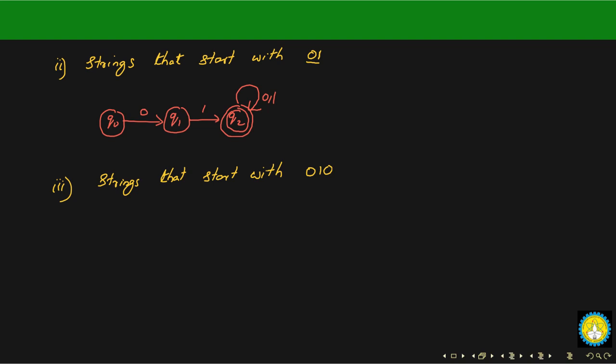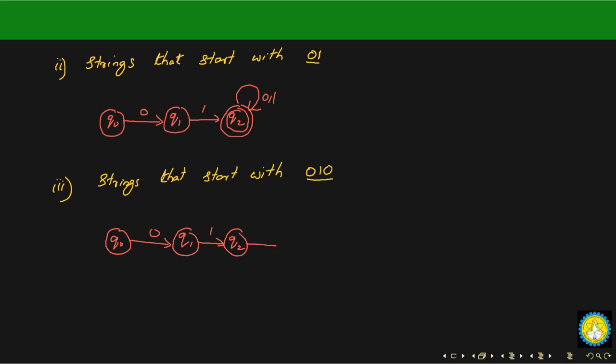In this question, we are asked to accept strings that start with 0, 1, 0. It's very similar to the previous problem. The only thing is you should draw 4 states. Starting at Q0, you define transitions in the same order given in the question: 0, 1, 0. If you see a 0, you go to Q1. From there, if you see a 1, you go to Q2.